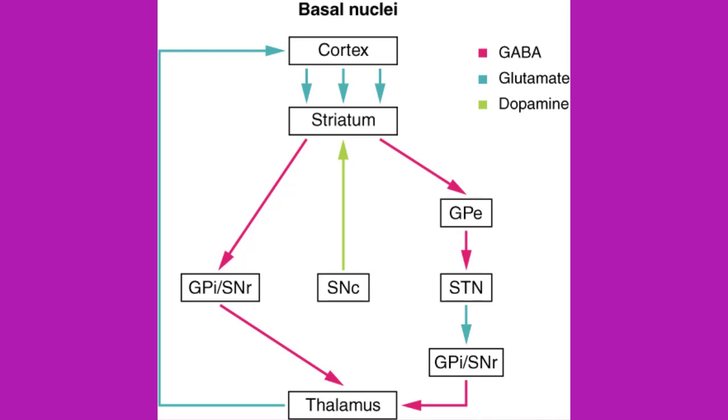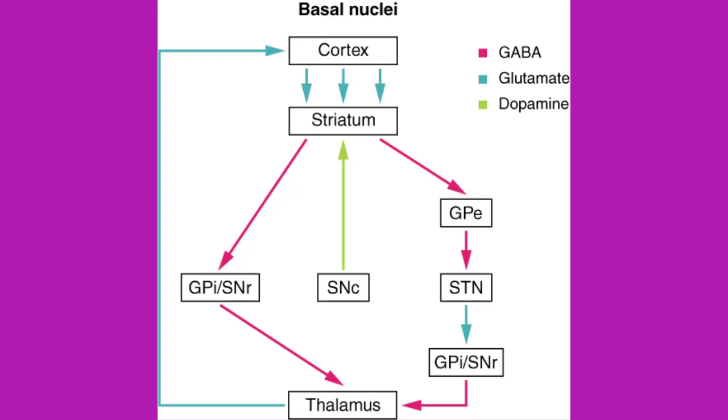The switch between the two pathways is the substantia nigra pars compacta, which projects to the striatum and releases the neurotransmitter dopamine. So dopamine receptors are either excitatory or inhibitory.